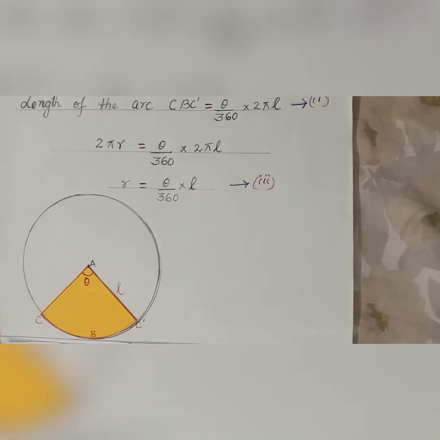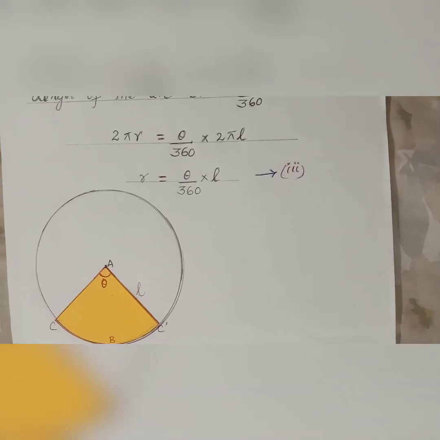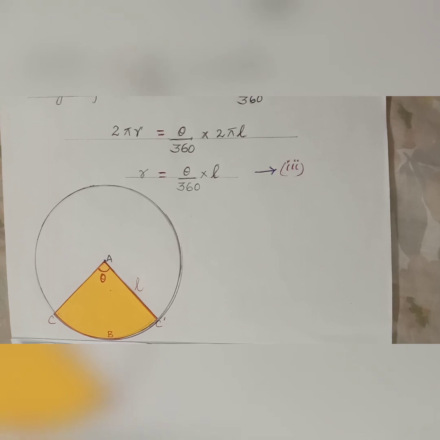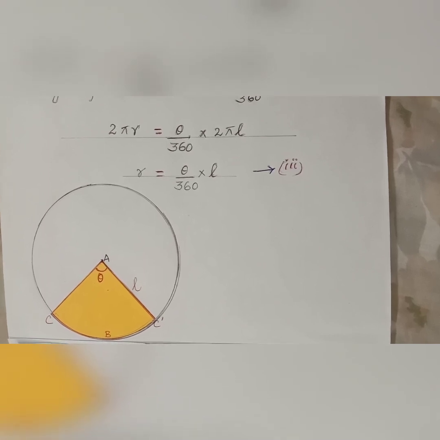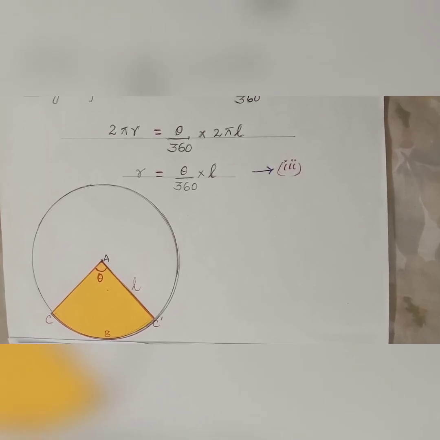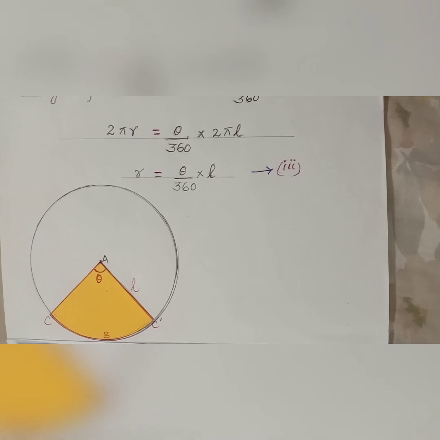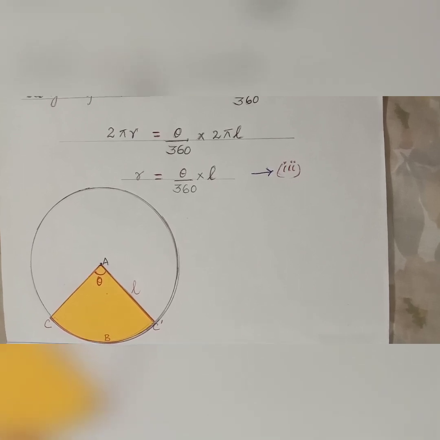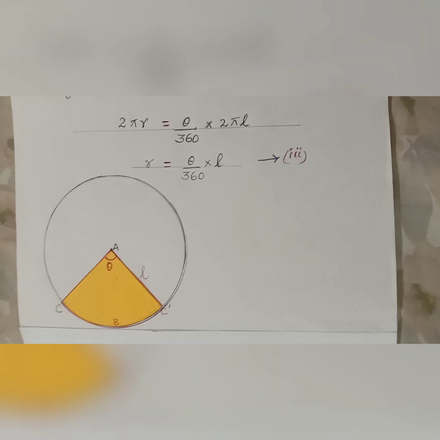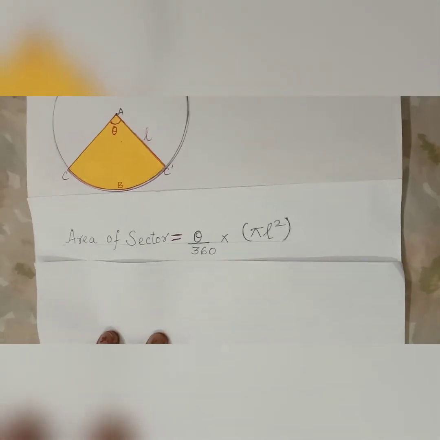Now curved surface area of the cone is also the area of the sector AC dash. Therefore, curved surface area of the cone is equal to theta upon 360 multiplied by pi L square.